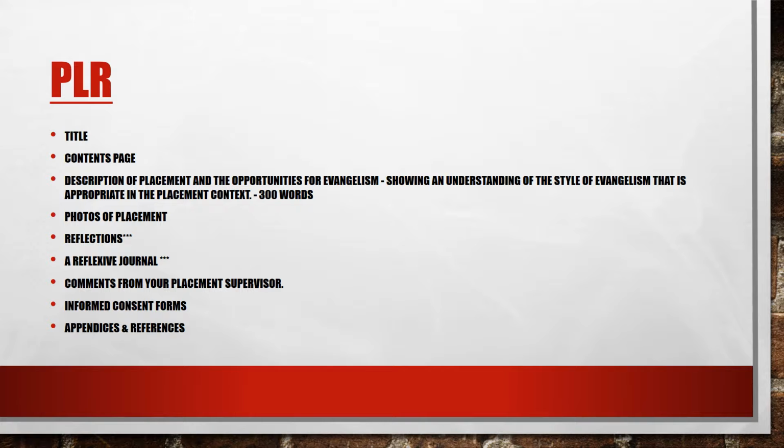You will also need a reflexive journal, and the size and scale of this will vary depending on what level you're studying at. You will also need to include your placement supervision report, any informed consent forms you have, as well as your references. You may wish to include appendices such as a verbatim or whatever is required, depending on the module you are doing.